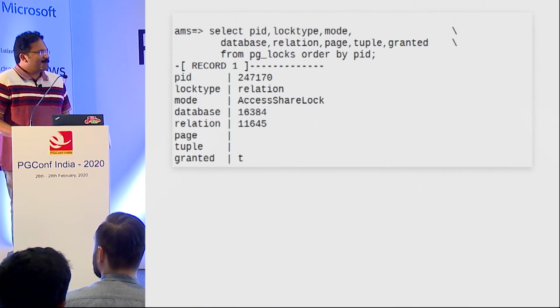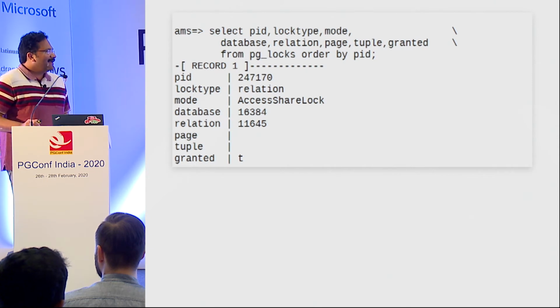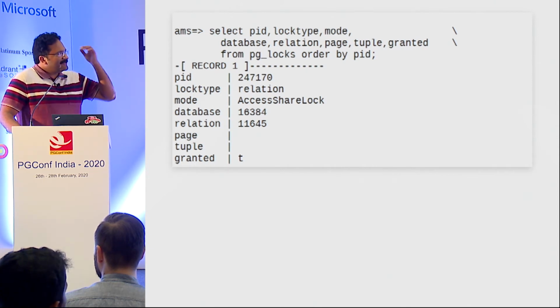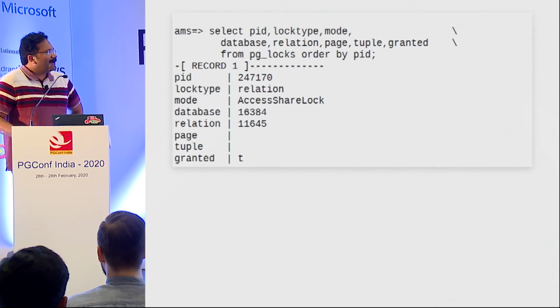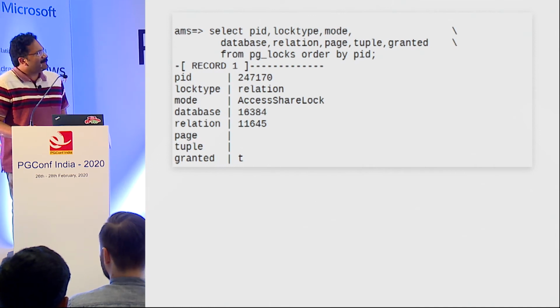Does anyone want to guess which relation this might be? Okay, yeah, it is pg_locks because of this query that's actually running and whose output we're looking at. So this is obviously a lock acquired by this backend because of the query we ran.